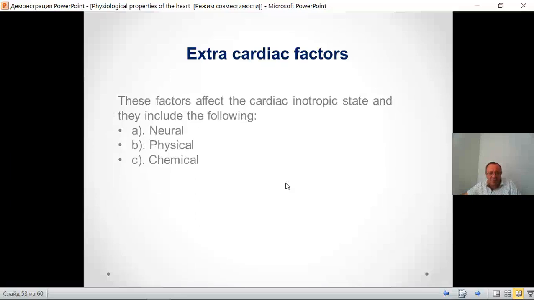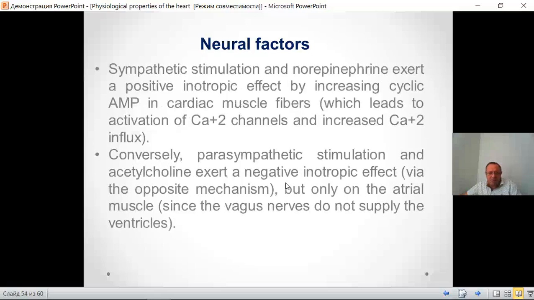Extracardiac factors. There are neural, physical, and chemical factors. Neural factors influence the sympathetic and parasympathetic parts of the autonomic nervous system. Sympathetic stimulation and norepinephrine exert a positive inotropic effect by increasing cyclic AMP in cardiac muscle fibers, activation of calcium ion channels, and increased calcium influx.